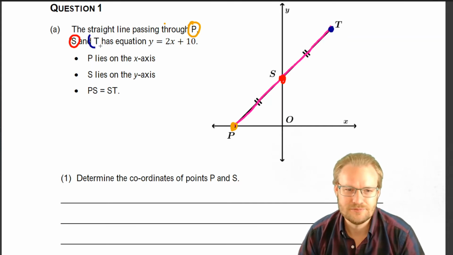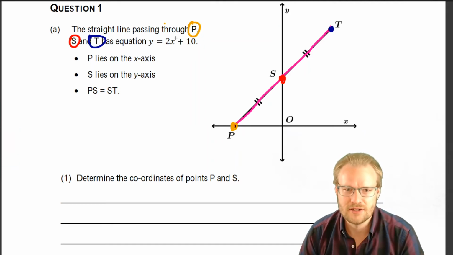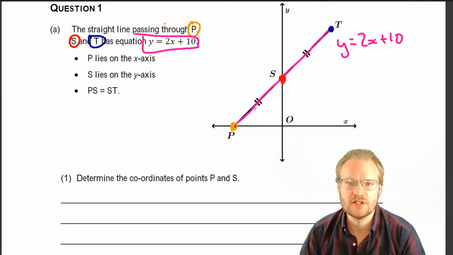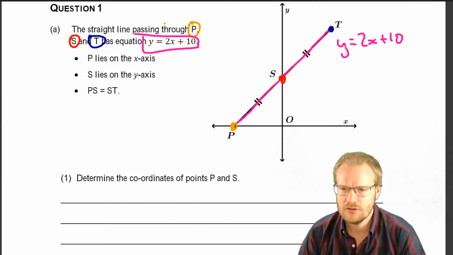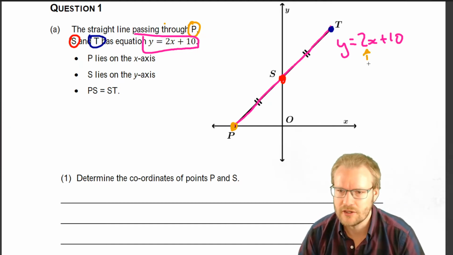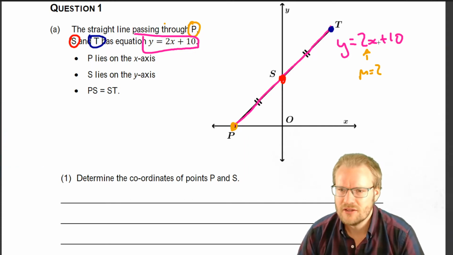So there's T, and the line has an equation. If it's got an equation, that already tells us quite a bit. Our equation is y = 2x + 10. What's the gradient of this line? The gradient is given to us by this bit here: m = 2.